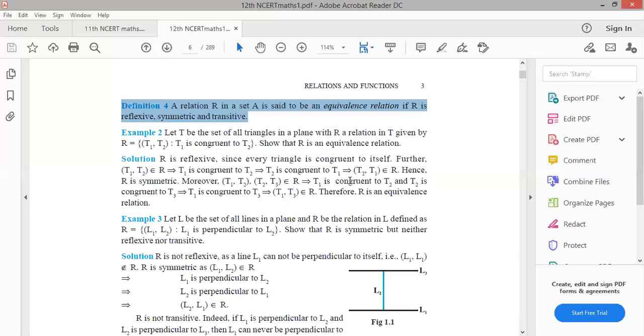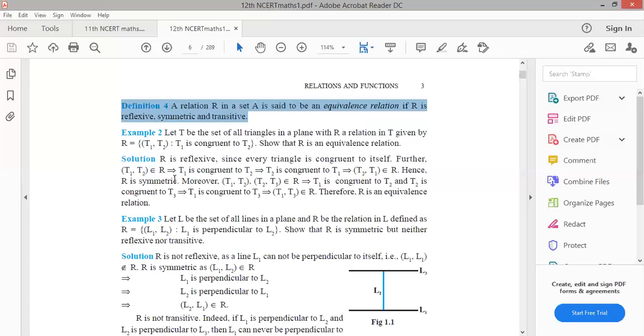We can understand these types of relations with the help of these examples given here. For example, in this second example, we define a relation R for the set of triangles in the plane, given by (T1, T2), where T1 is congruent to T2. We have to show that this R is an equivalence relation.